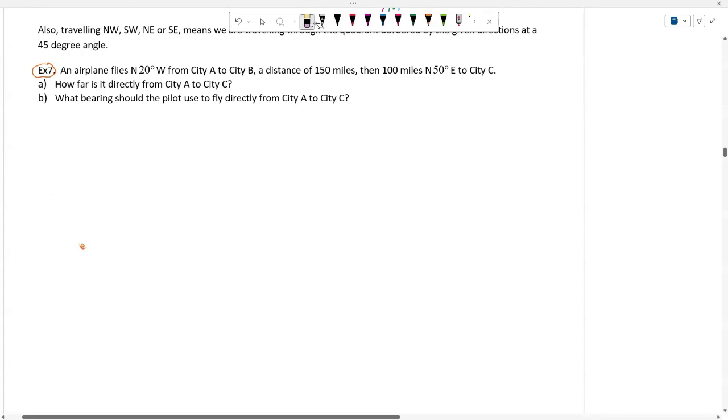I would like to sketch a better graph now. So we start with city A, here.